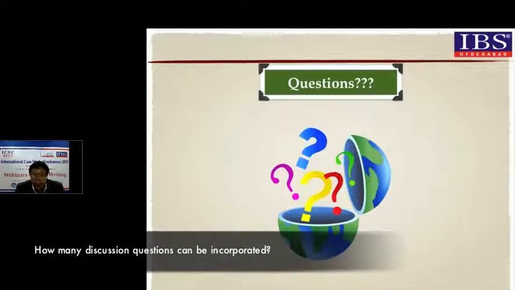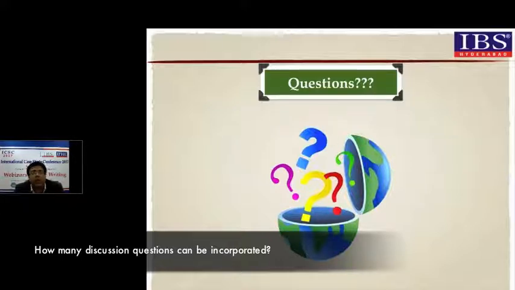How many discussion questions can be incorporated? Maybe what you mean is how many discussion questions can be asked. The number is not as important here. What is important is what you are trying to achieve with the case, and here you are looking at your teaching objectives.